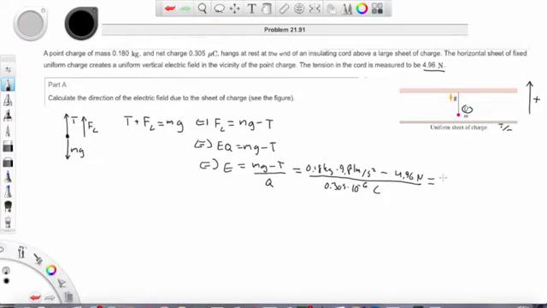This gives us about minus 1.05 times 10 to the 7, and the units are, yes, newtons per coulomb. Let's make that clear.